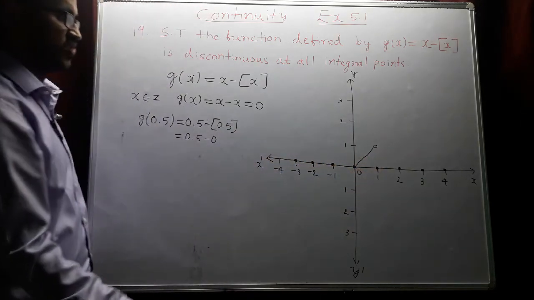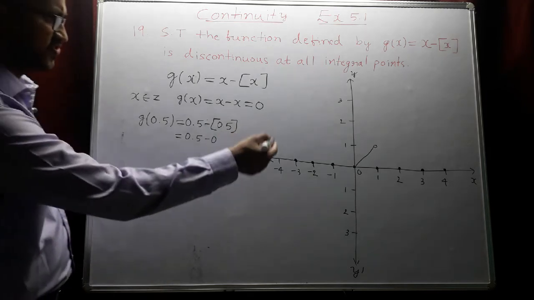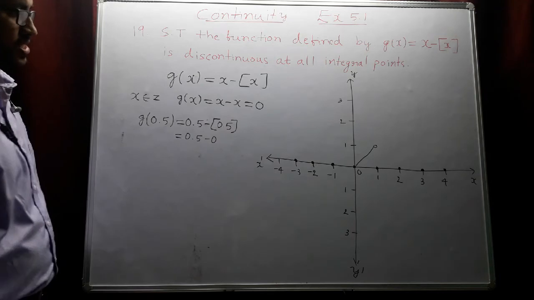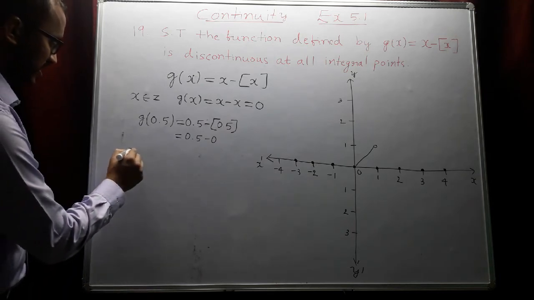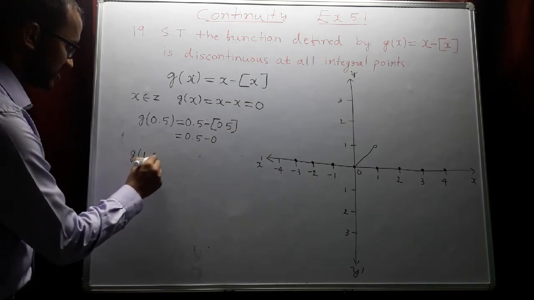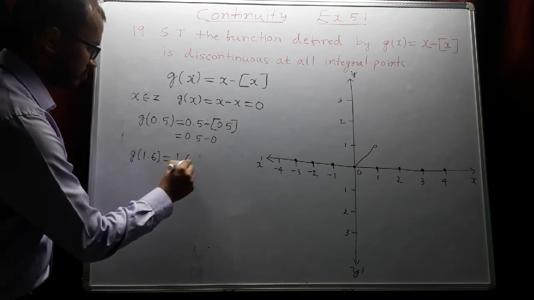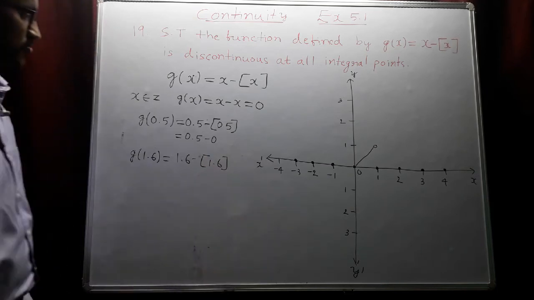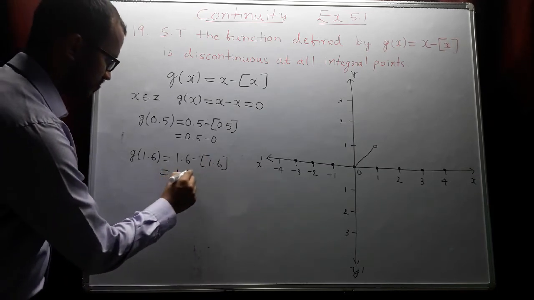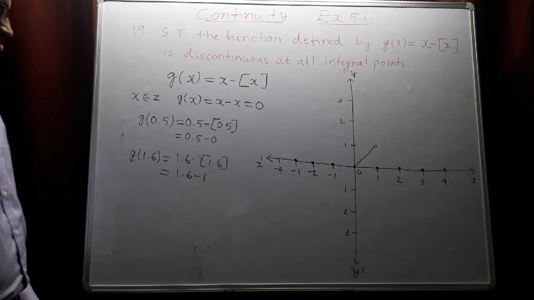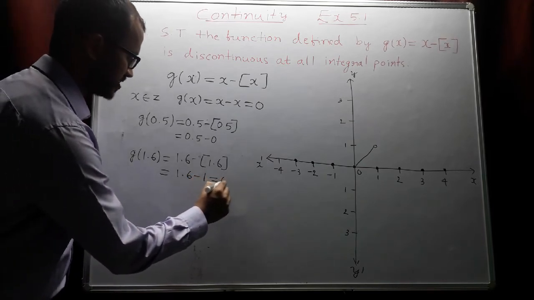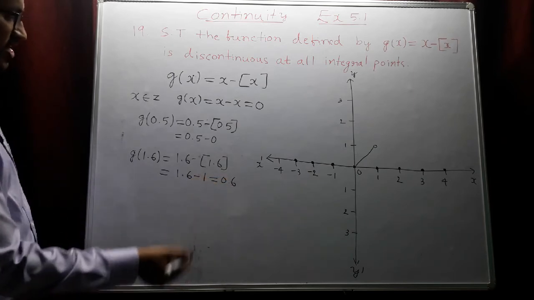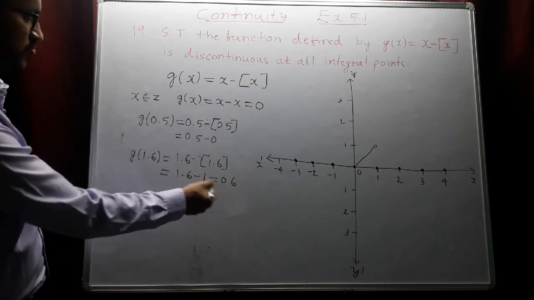Excluding 1. Similarly, if you draw the graph from 1 to 2, what happens? Suppose we consider 1.6. So g of 1.6 is 1.6 minus greatest integer less than or equal to 1.6, so 1.6 minus 1, that is 0.6. So 1.1 means we get 0.1, 1.2 means 0.2.